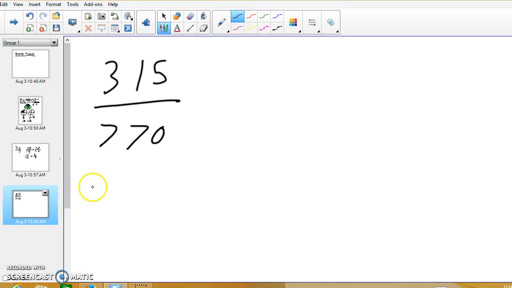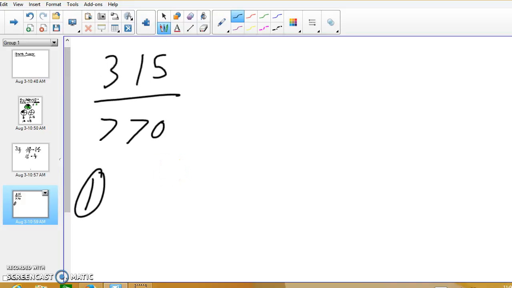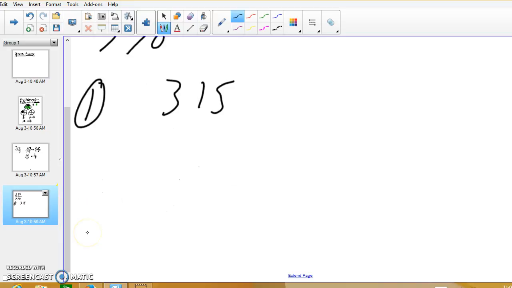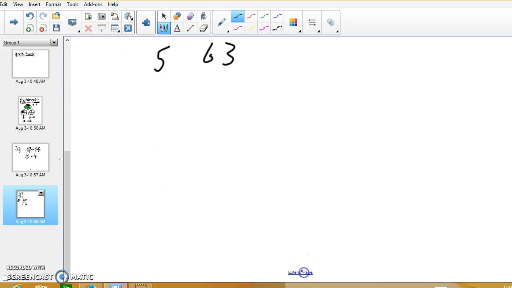Well, how do we do this? Well, first off, we find our prime factorizations for these numbers, and we all remember how to do that. We just pull out our factors, 5 over 63, and again, I need a calculator in order to do that.